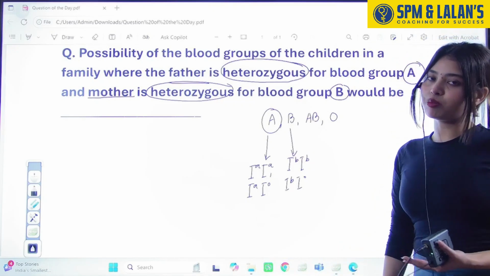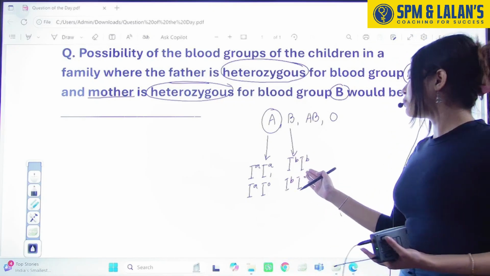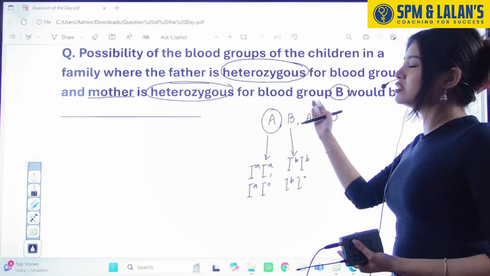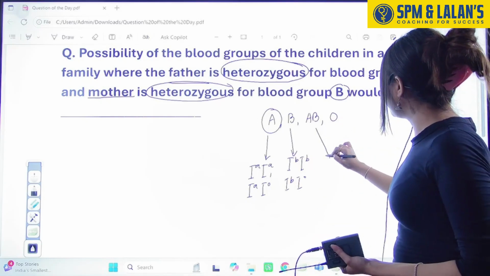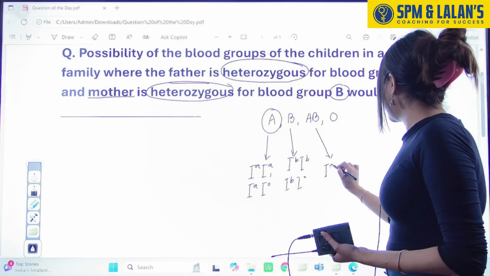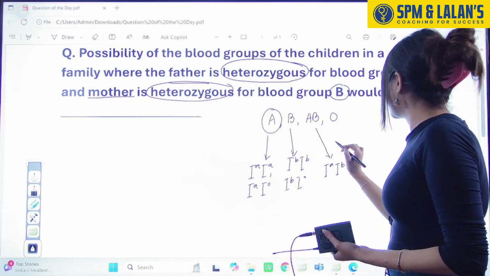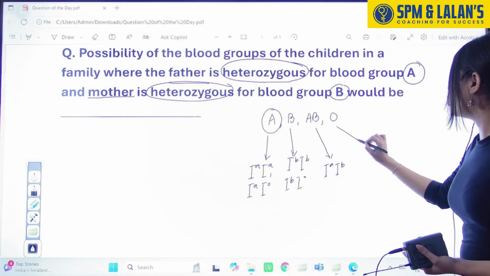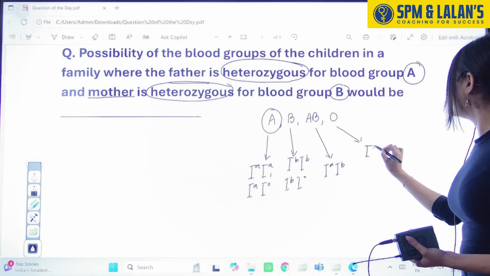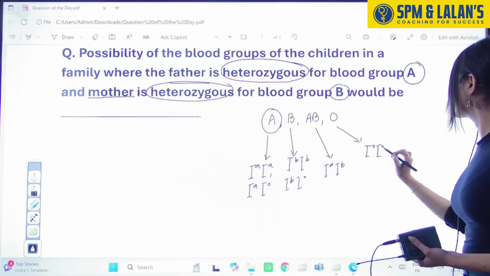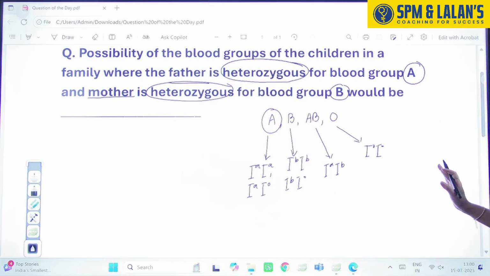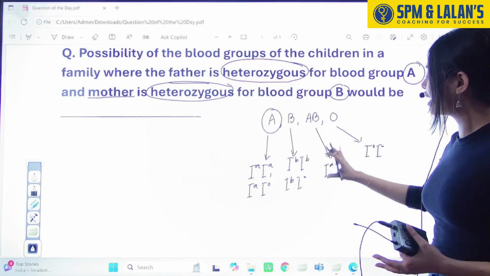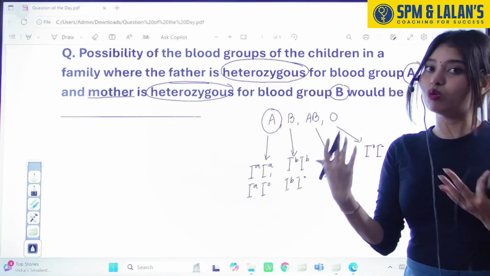B is also dominant over O. That's why when IB combines with IO, the blood group is B. For AB, IA will combine with IB. And for the O blood group, IO will combine with IO. Now we know how the blood group can be AB and O.